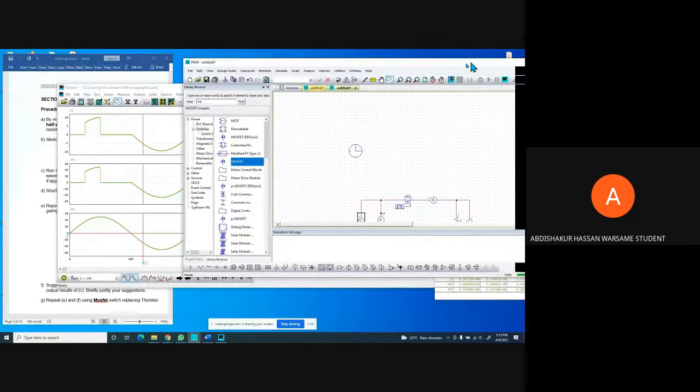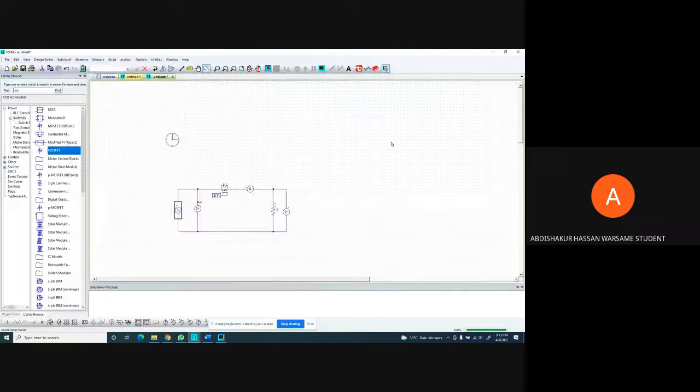And this one, for the load is 5 ohm resistor.